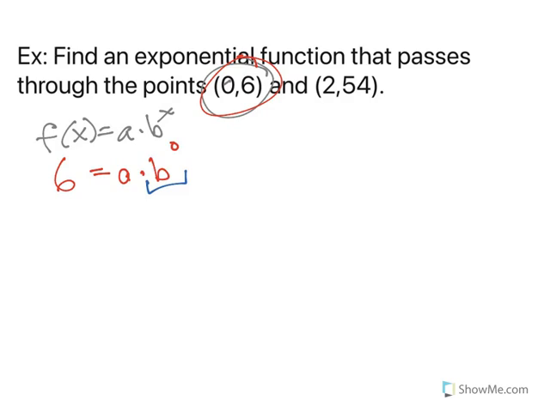Well, what is anything to the 0 power? That's just 1. So this is a times 1 equals 6, so a equals 6. So your initial value happens when x equals 0. If x equals 0, then a is the same as the y value, which in this case is 6.